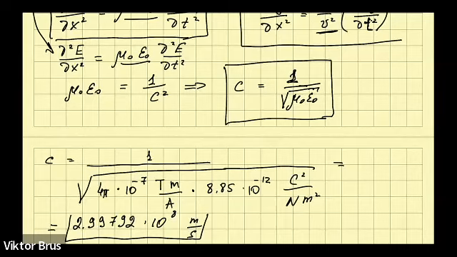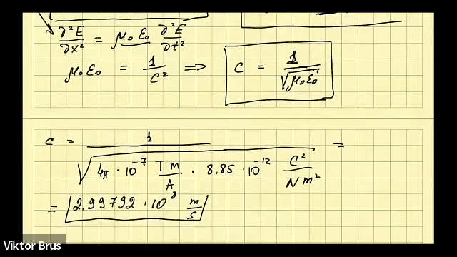Moreover, it's not just matching of values for a certain parameter. This is, first of all, a fundamental constant of physics, the speed of light or electromagnetic waves in free space.